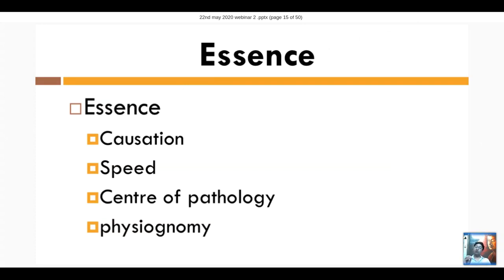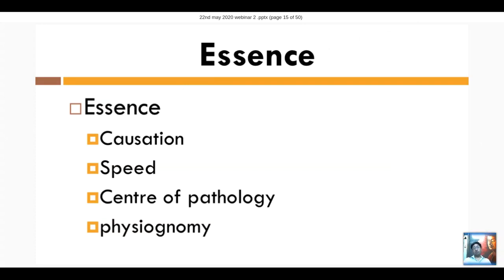In acid phos, the emotional level is disturbed first, then it goes to other areas. In picric acid, the pathology first expresses in the mental faculty. And in muriatic acid, the pathology first starts expressing at the physical level, then to other levels. So these things are very important when we have to understand the center of pathology.